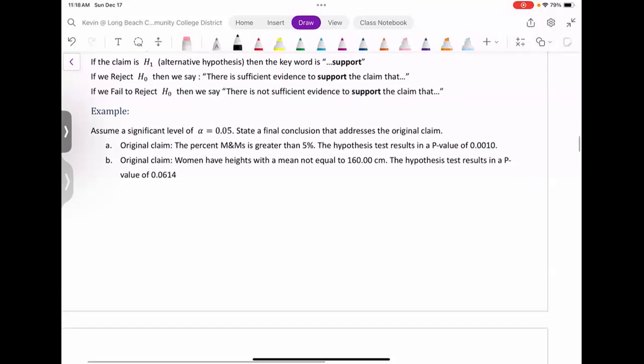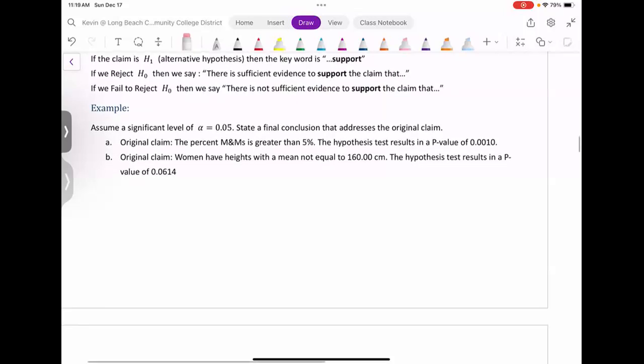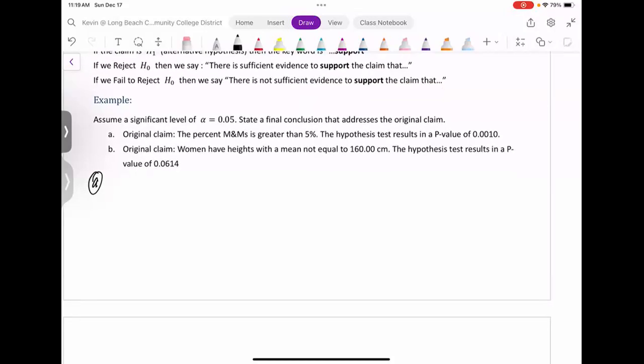All right, let's maybe keep that there. Part A. So our alpha is 0.05. The original claim is percent of M&Ms is greater than 5%. The hypothesis results in a p-value. So our p-value in this case is way less than our alpha, which is here, 0.05.